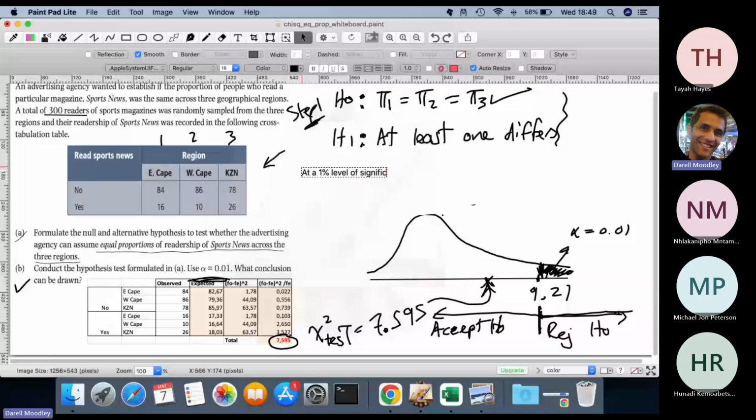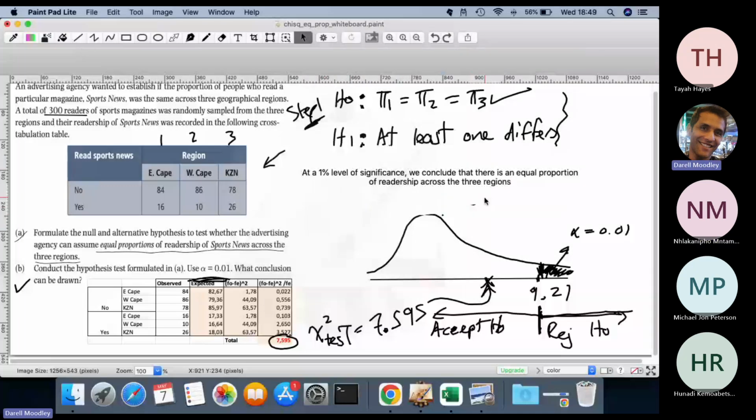We would say that, and we conclude that, we look at the question, there is an equal proportion of readership across the 3 regions. That's your step 5, because H0 is true.